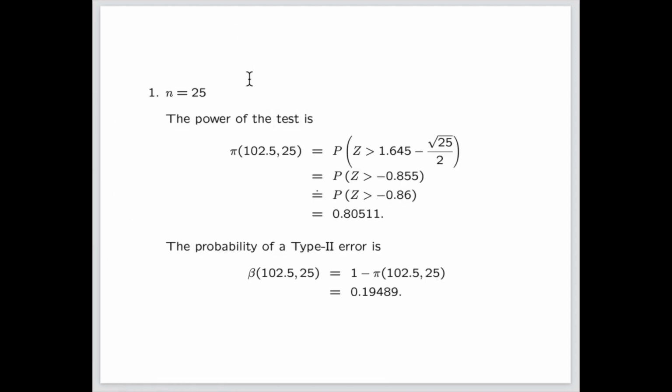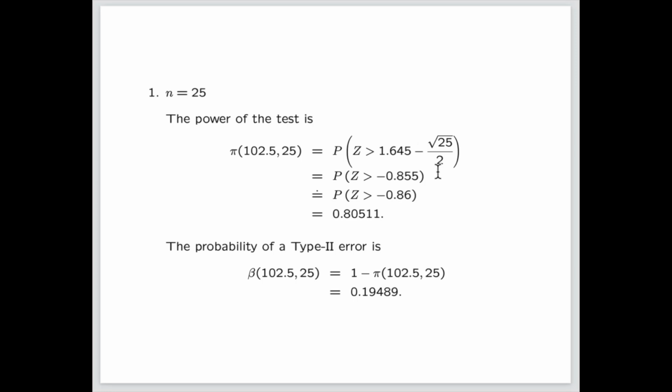Okay, so if n is equal to 25, we plug 25 in for the sample size, and we then have to evaluate this expression here, 1.645 minus the square root of 25, divide that square root by 2, and that expression evaluates to negative 0.855.